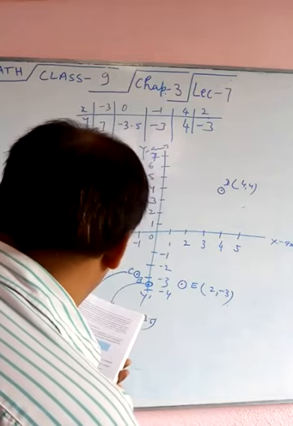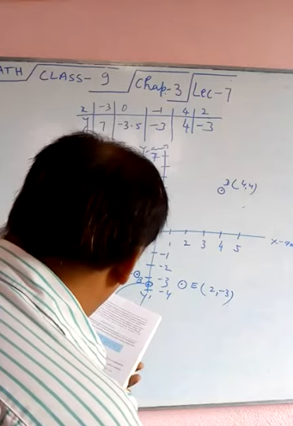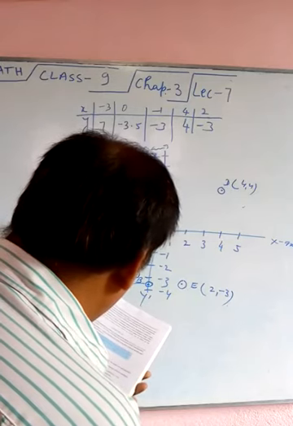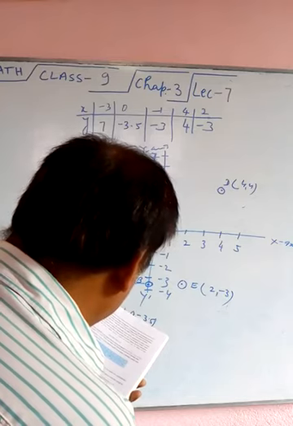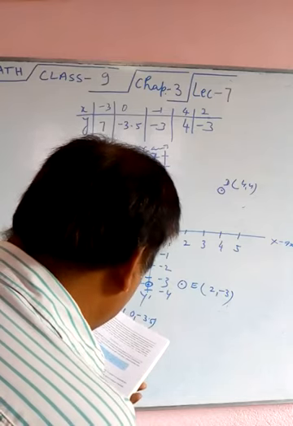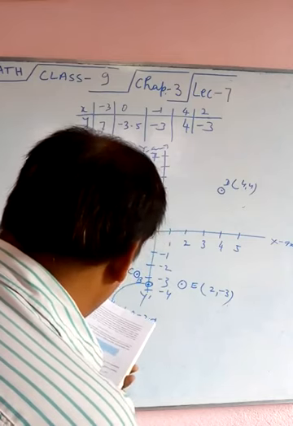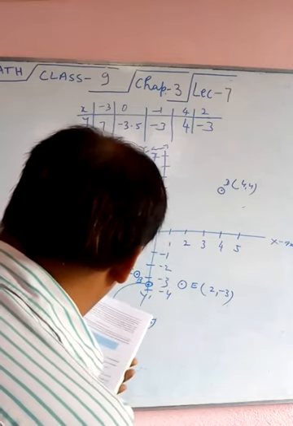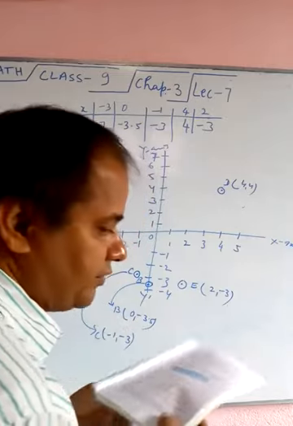In such situations, we may call the axes t-axis, d-axis, x-axis or p-axis, etc., in place of the x-axis and y-axis. Exercise 3.3 is there. You have to solve all the questions of this exercise.